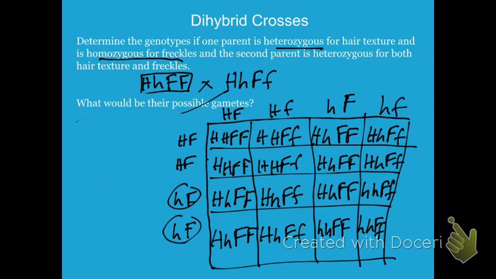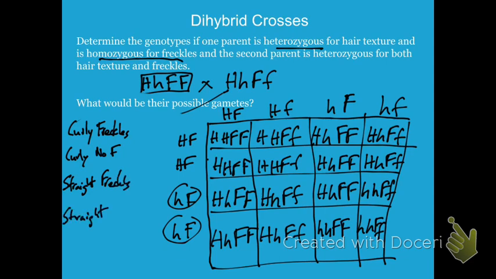All right, so look, you could either have curly hair with freckles, curly, no freckles, straight hair with freckles, and then you could be straight hair and no freckles. So go through this, and you can kind of figure out.